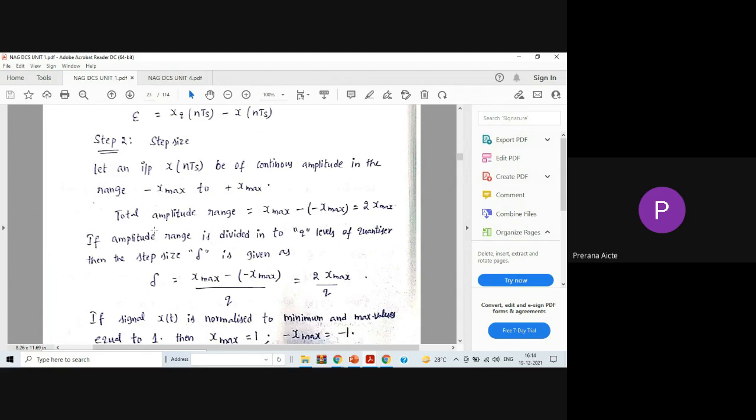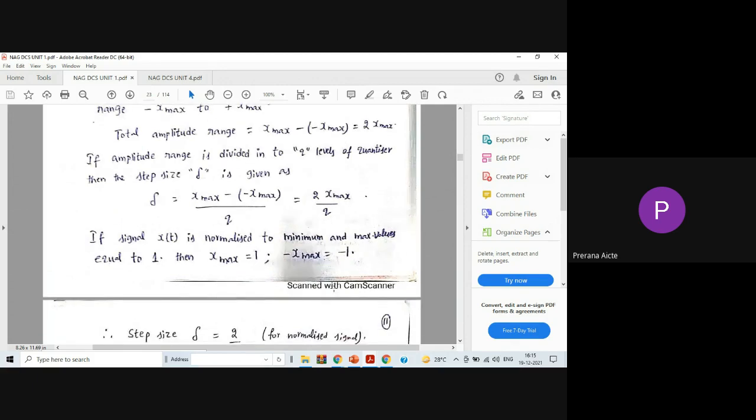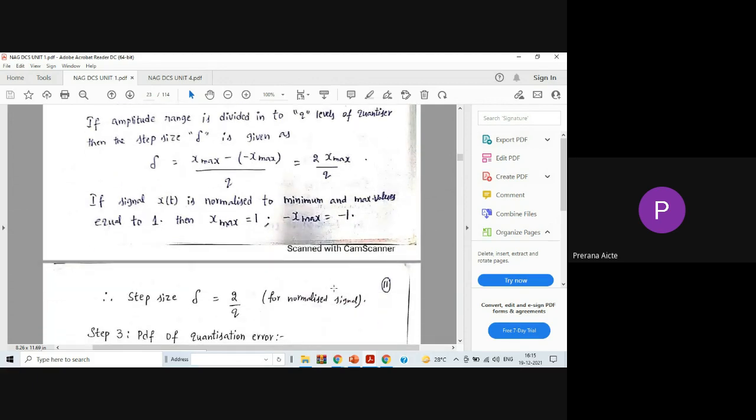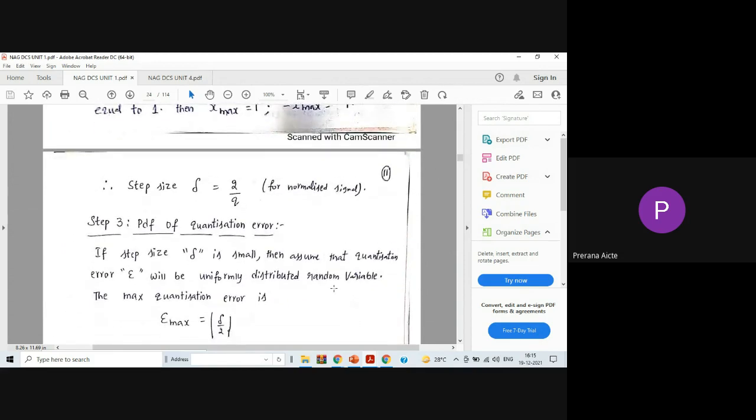If the amplitude range is divided into q levels of the quantizer, then we define step size as delta equal to 2 x max by q. Suppose the input signal x of t is normalized to minimum and maximum values of 1, then we define step size as delta equal to 2 by q.